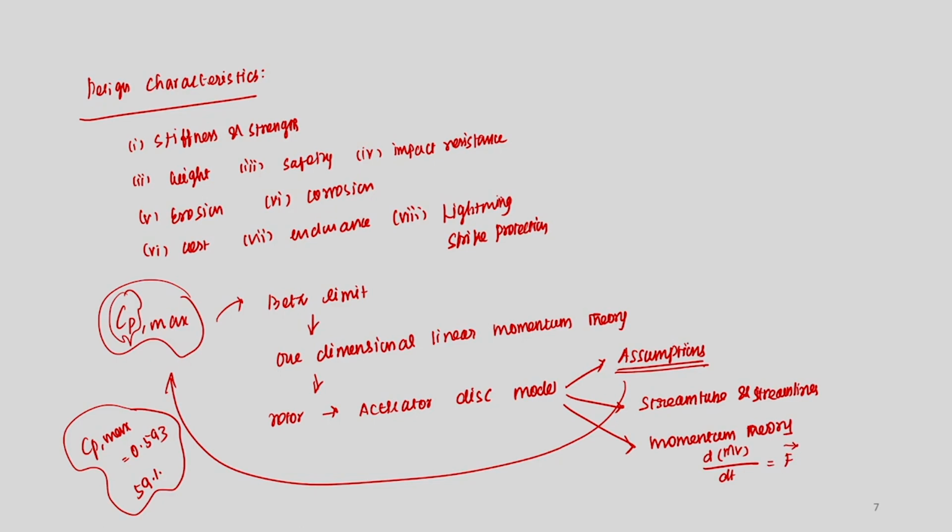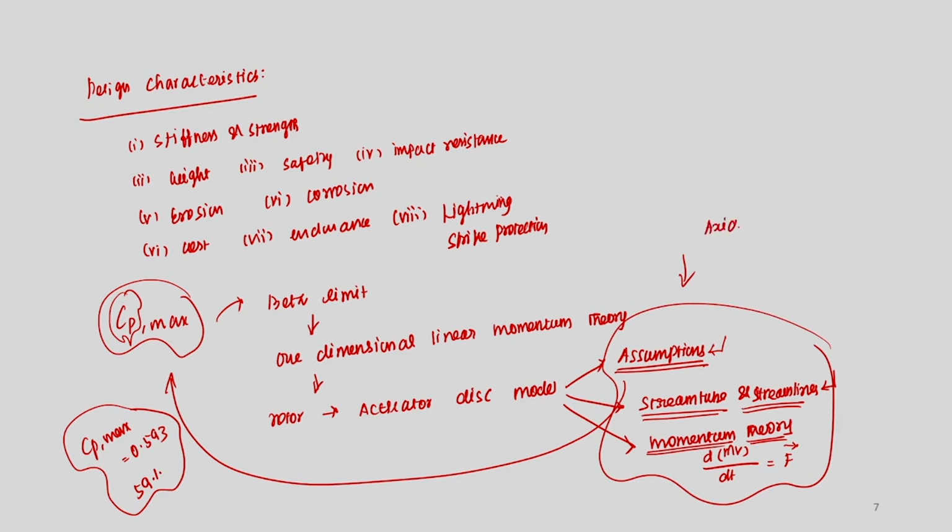So, you should be comfortable with those assumptions used to derive Cp max of 0.593, and you should also be comfortable with the streamline stream tube concept, and with momentum theory. And by using these concepts, by introducing one more terminology called axial induction factor, A.